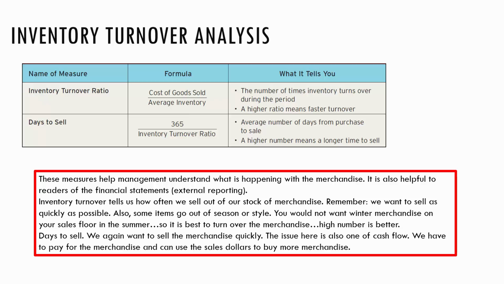Now the ending inventory from your previous accounting period is your beginning inventory for this accounting period. And that's where those numbers come from. We'll work through some exercises and we'll calculate these ratios and you'll understand better what we're talking about.